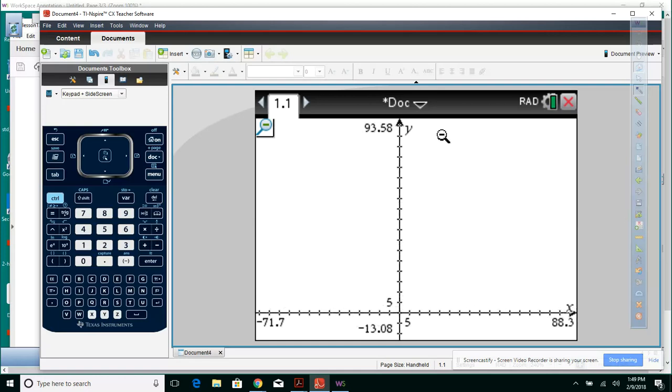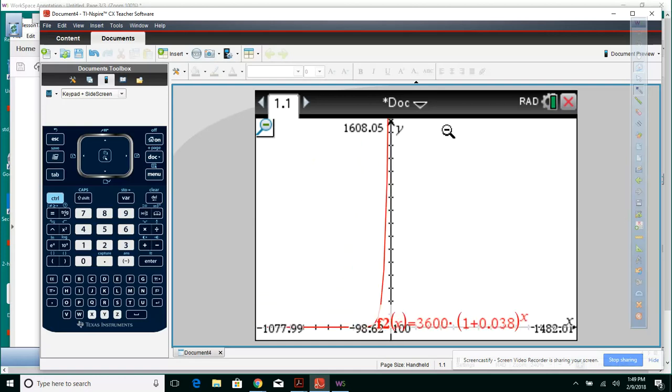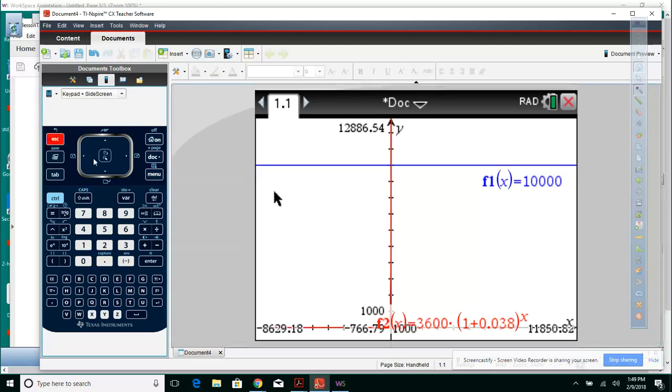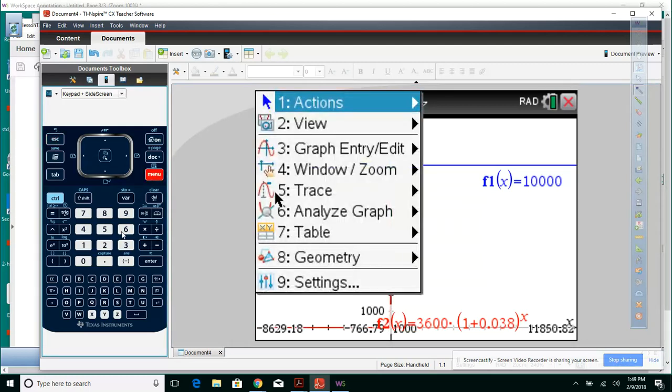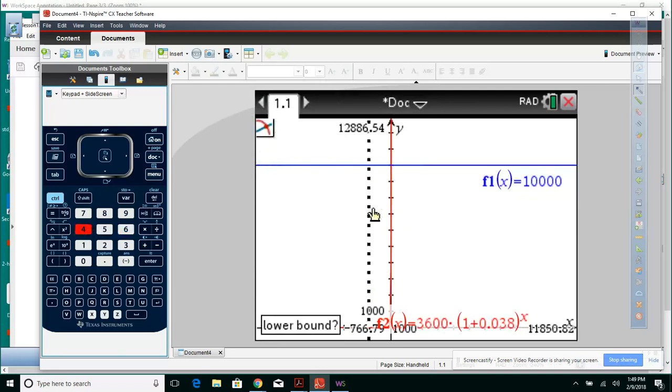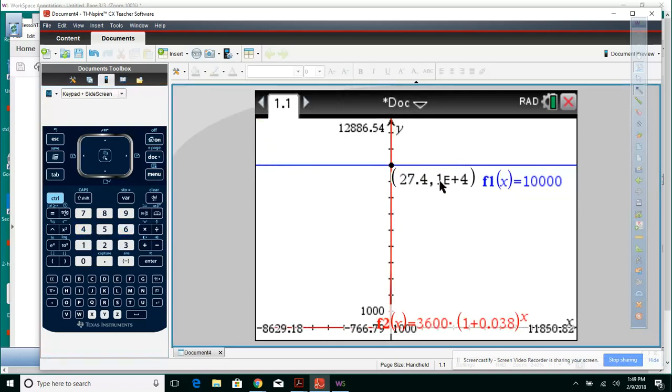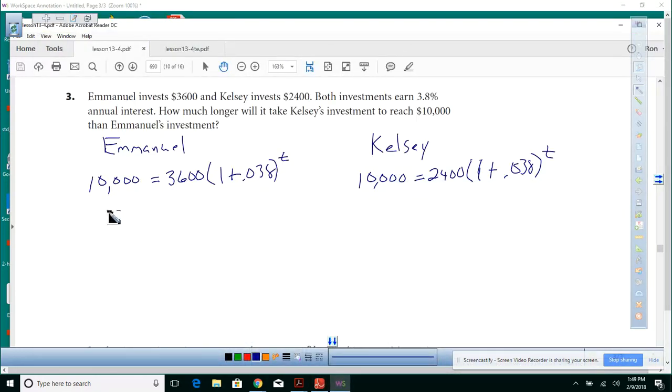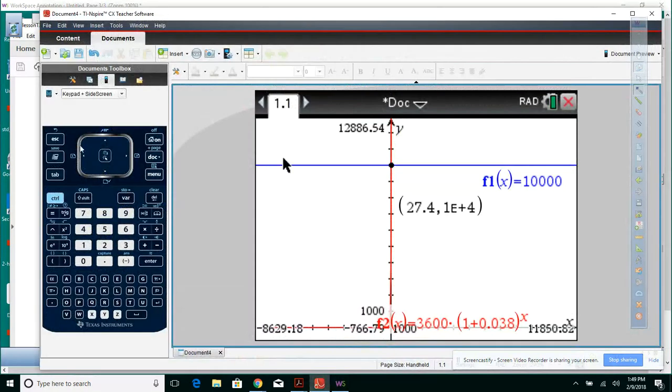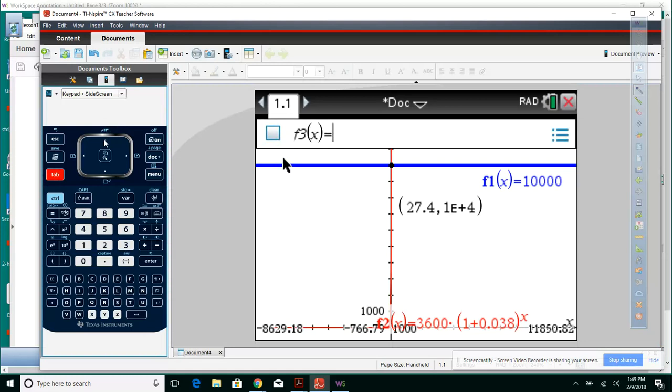Let's go up there to it. 2 more times, and there it is. Menu 6, 4. So Emmanuel takes 27.4. T equals 27.4. For Kelsey, I just need to change the 3,600 to 2,400.